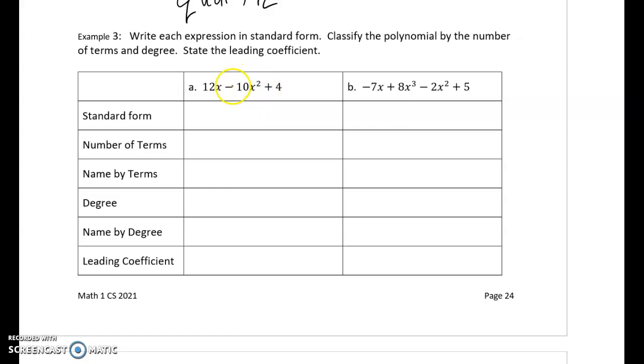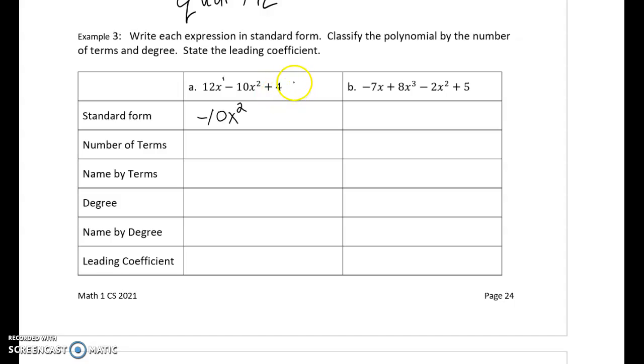Again, we're going to take this term, and we have to make sure we take the sign along with it, so that negative is in front of the 10. So now we have negative 10x squared. We have these last two terms here. This one has an x to the first power, so it has an exponent of 1.